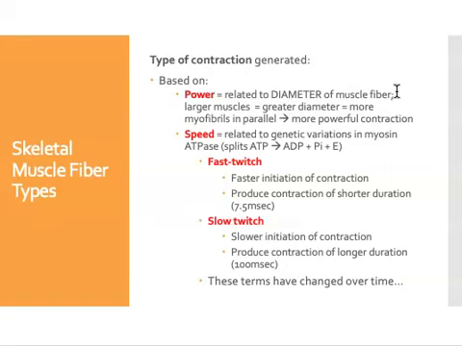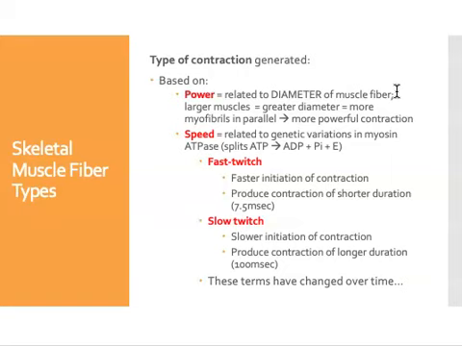Larger muscles, again, grossly visible muscles, have a greater diameter across them. And inside that muscle, inside the fascicles, when you get down to the level of the cells, the muscle fibers, each individual muscle fiber can have either a smaller diameter or a larger diameter.